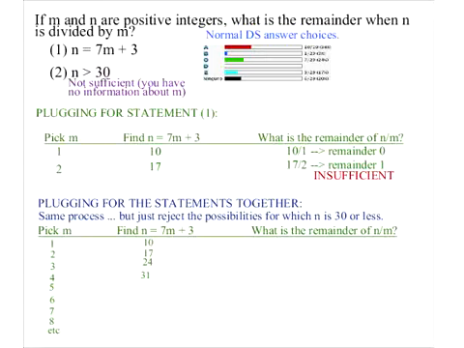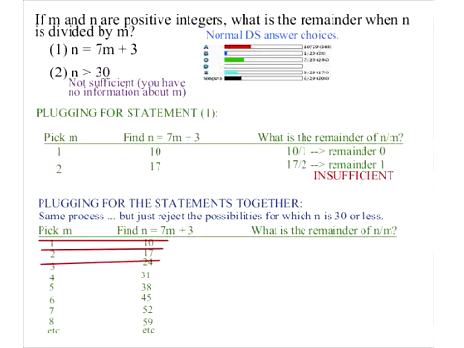38, 45, 52, 59, etc. So these first three examples don't count because N is not greater than 30. Here, let's just start doing this arithmetic. So here you've got 31 divided by 4.